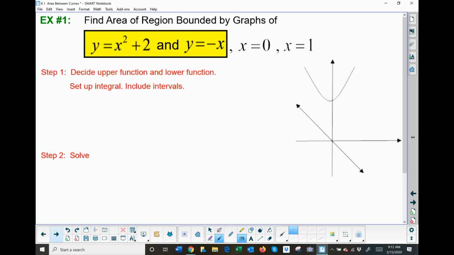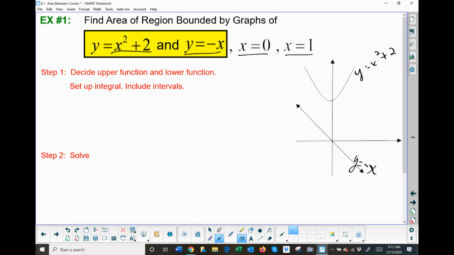When I look at example 1 here, I see there's a quadratic as well as a linear function. Pretty obvious how we can make those assignments. So y equals x squared plus 2 on that one. And then I get 2 more equations. Those are vertical lines.